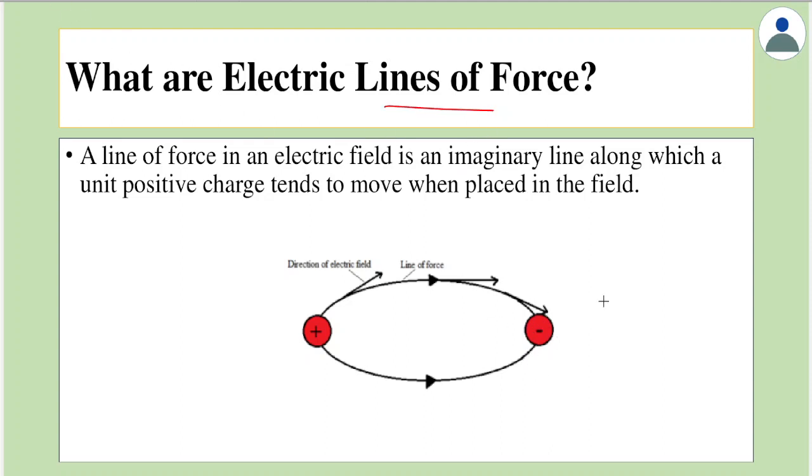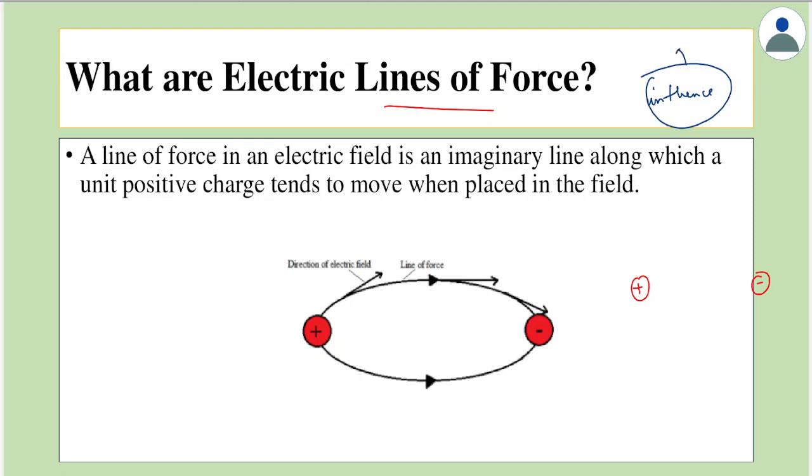We have seen in the previous lectures that if we have a positive charge or even a negative charge, we know that each charge creates an influence around itself. Because of this influence, one more charge placed in that field experiences a force.